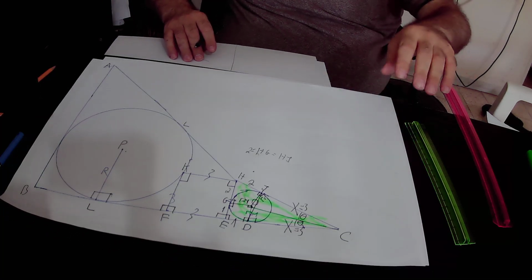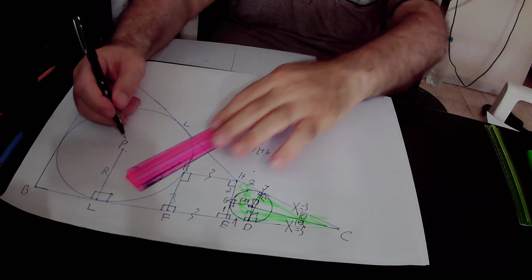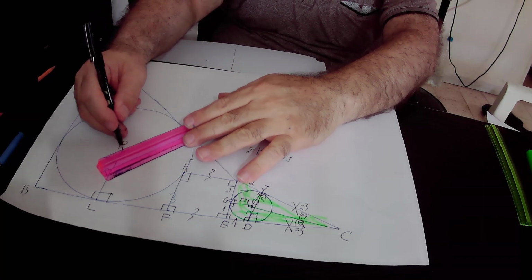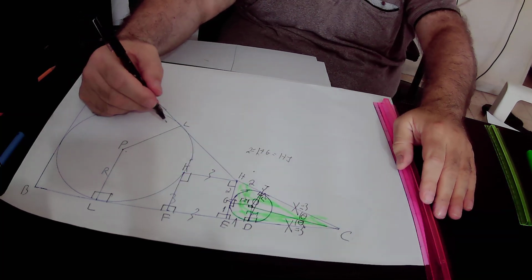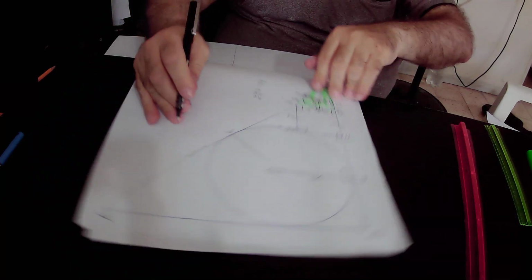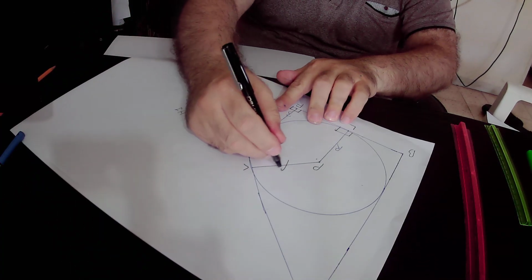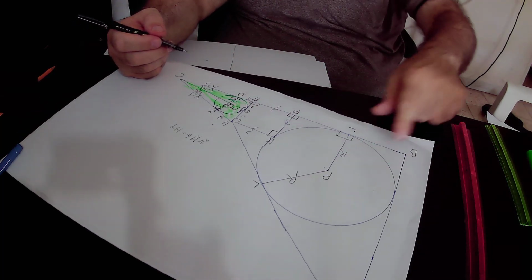In the next step, we'll join points P and L together by a straight line. Here, point P is the center of the circle, point L is the point of the circle itself, therefore PL is the radius of the circle that is equal to capital R. We join points C and P together by a straight line.